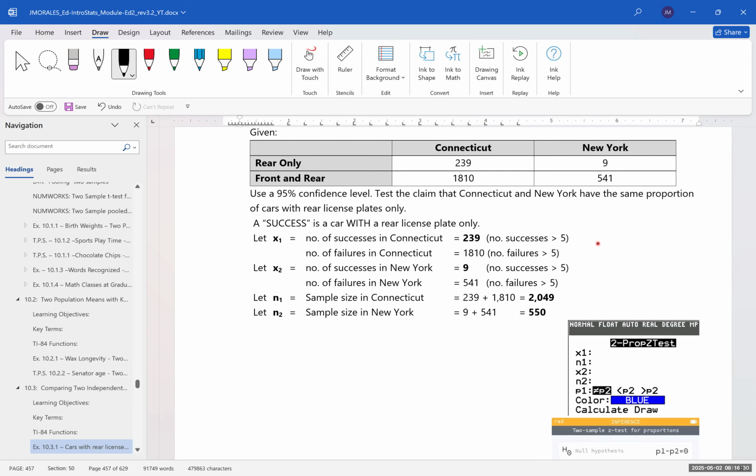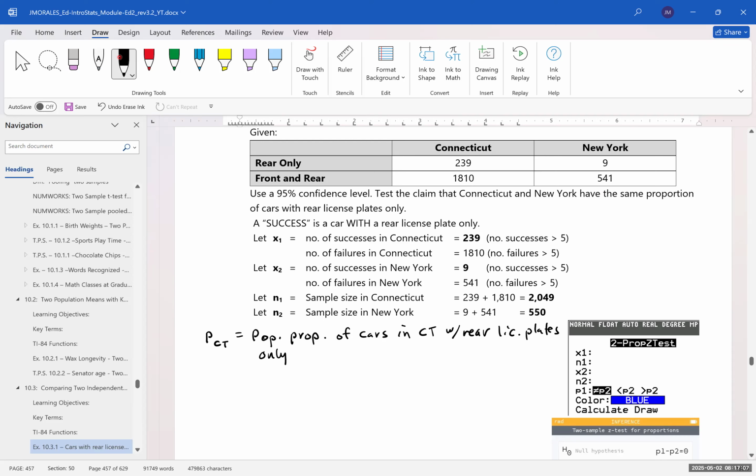So we have a proportion for Connecticut. That's going to be the population proportion of cars in Connecticut with rear license plates only.